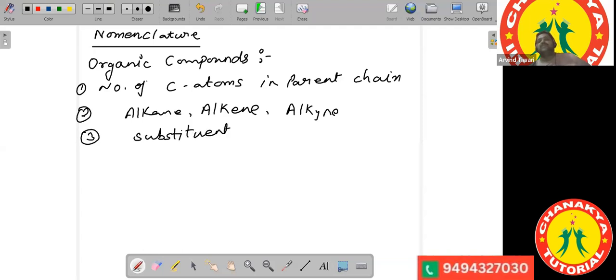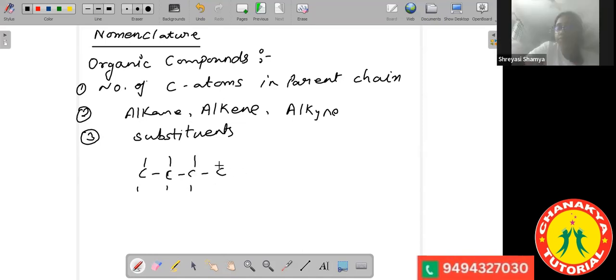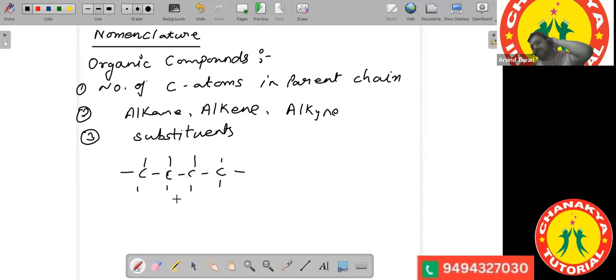Then we start naming. For example, if I take this compound, how many carbon atoms are there? 4. 4 carbon atoms are there, and all of them have single bonds between carbon atoms.